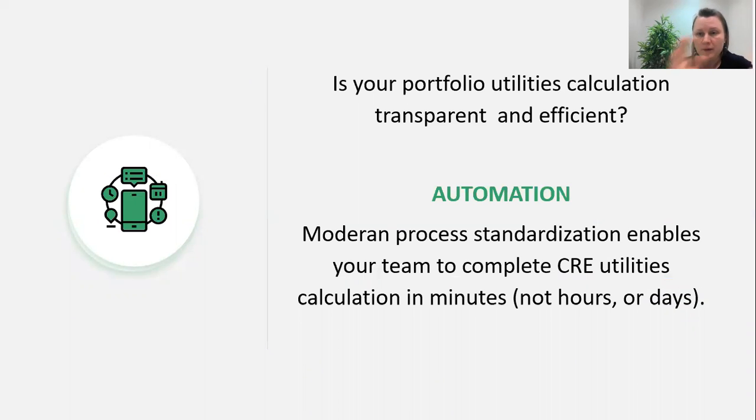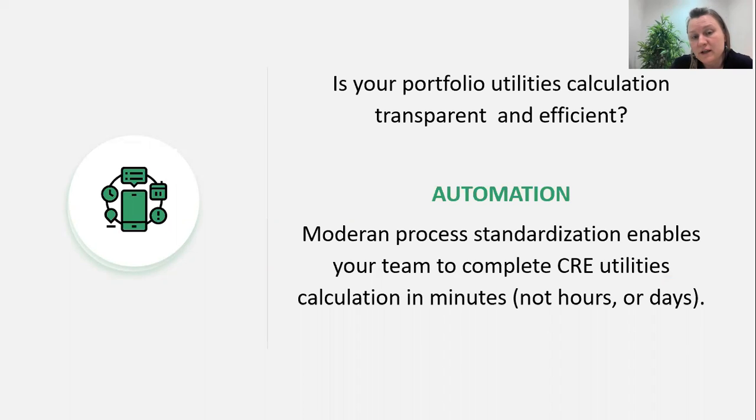And to sum it all up, the automation as a whole. So I guess the main question is: do you feel the utility calculation process in your portfolio is transparent and efficient, or is there any space for improvement?